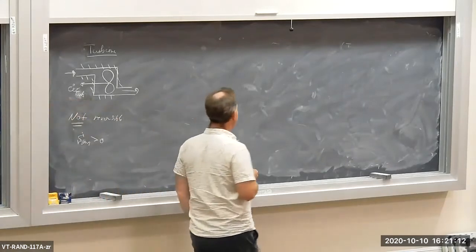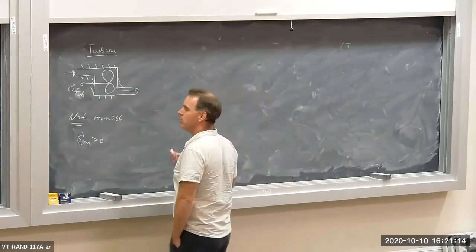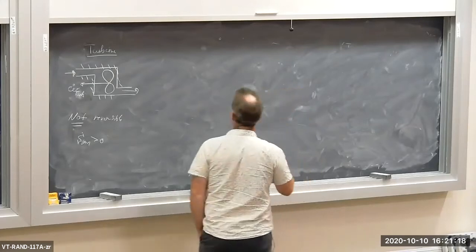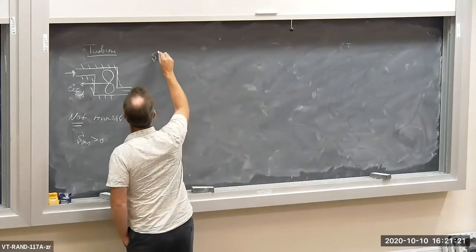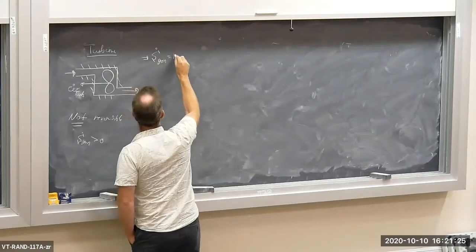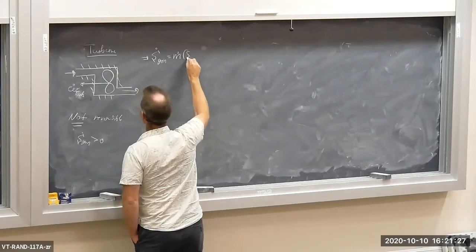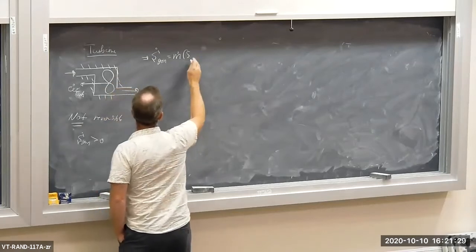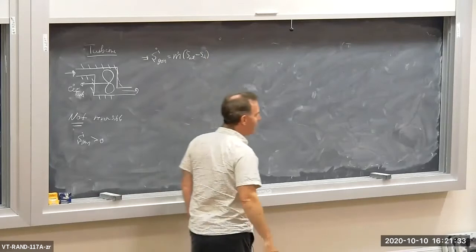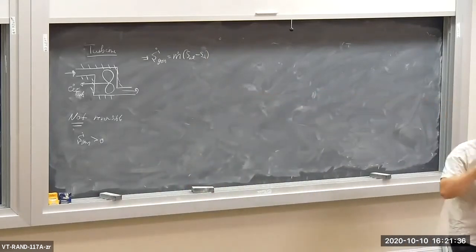Now, if you apply the entropy balance to this thing and it's steady state, let's say, you will find that S dot gen is equal to m dot times (S out minus S in). If you apply the entropy balance, there's no heat transfer, so the Q dot over T interaction goes away.